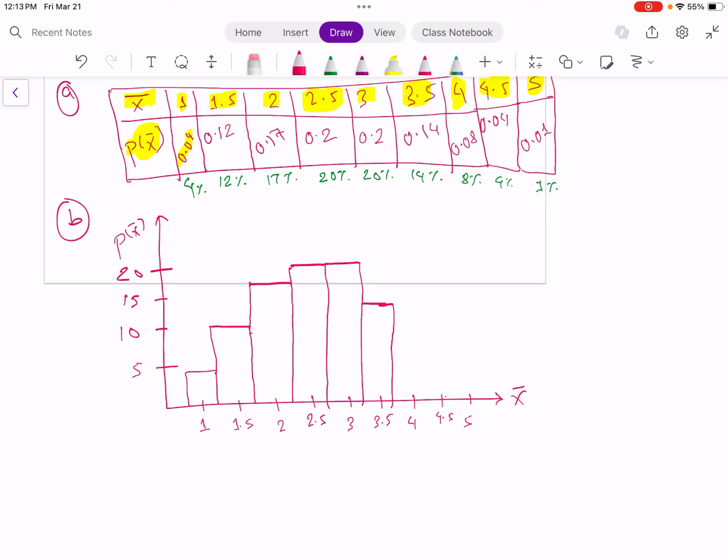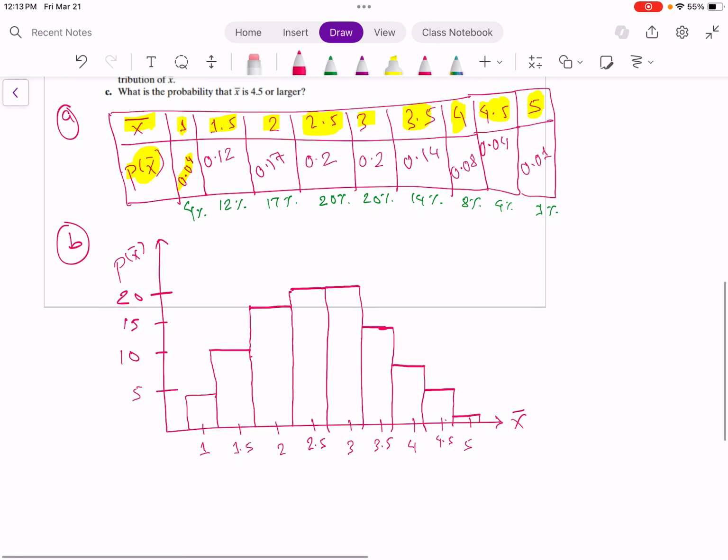So this is 5, somewhere here. 4.5, 4%. 5, 1%. This is the histogram. Does anyone have any question for part B?